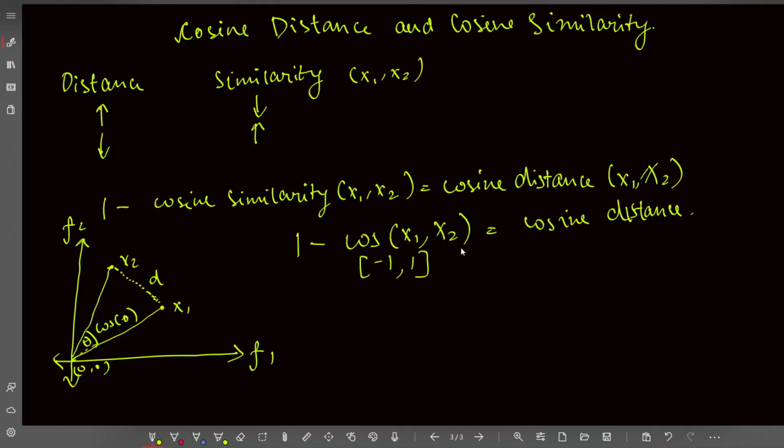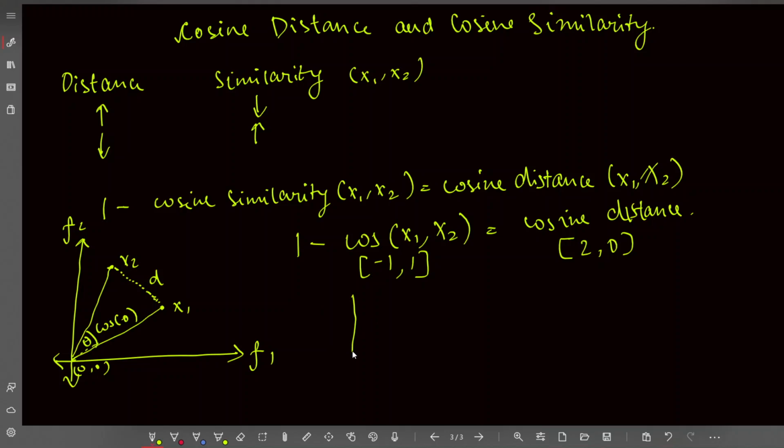Because the cosine of the angle between the two data points x1 and x2 varies between -1 and 1, the cosine distance will vary between 2 and 0, right? Because when you have -1 over here, it becomes 2, and when you have 1 over here, it becomes 0. So it's easy to see that if the cosine distance is 0, the points are similar to one another.